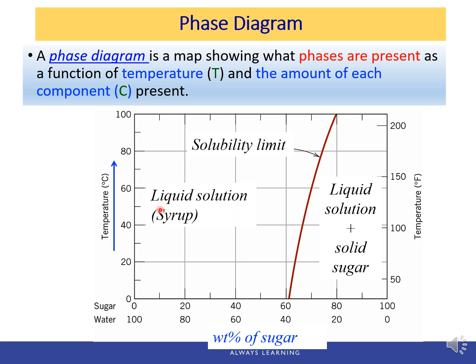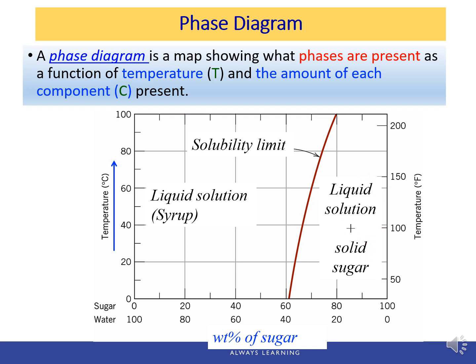There's no solid phase left, so it forms one phase. It's just liquid solution. In another scenario, if we put a lot of sugar, for example, one whole cup of sugar in one cup of water, you will have liquid solution plus solid sugar. So we will have two phases, liquid plus solid, when the sugar concentration is higher.